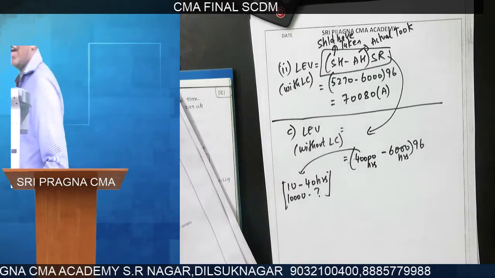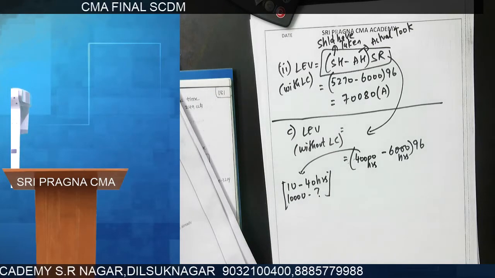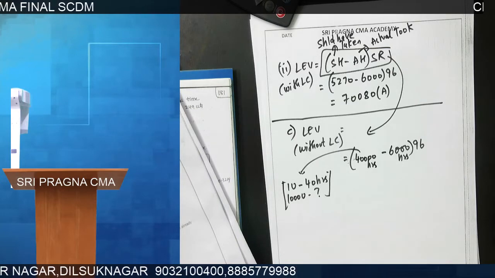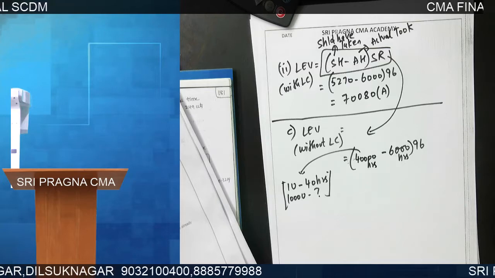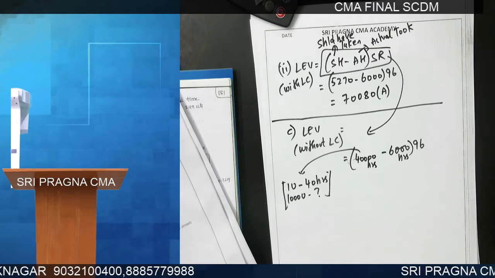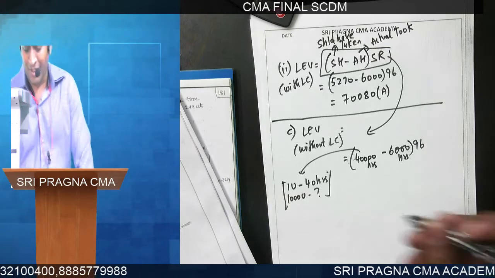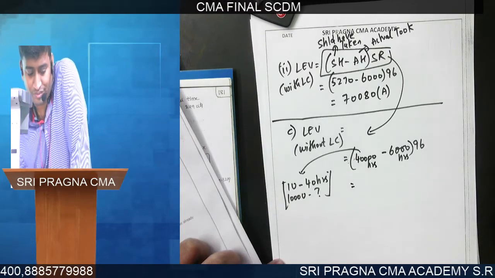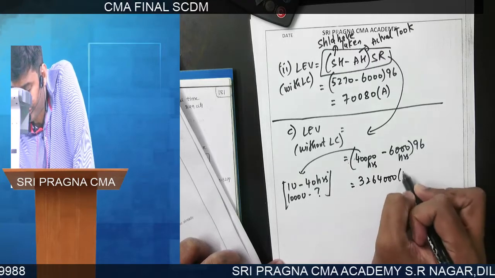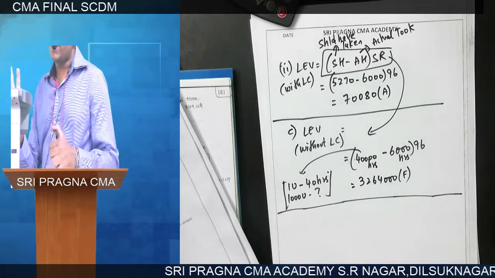If there is no learning curve, the first unit and the last unit take the same time. Learning curve nahi hai to first unit, second unit, third unit, fourth unit and the nth unit will take the same time. So multiply by 40,000. And this will be favorable.